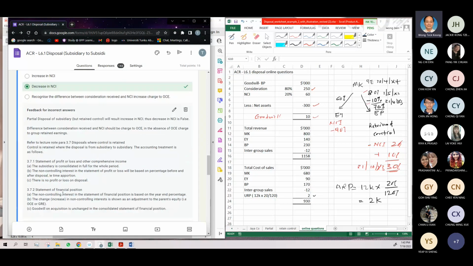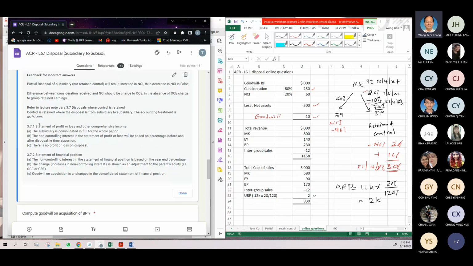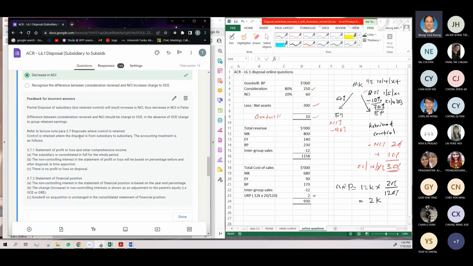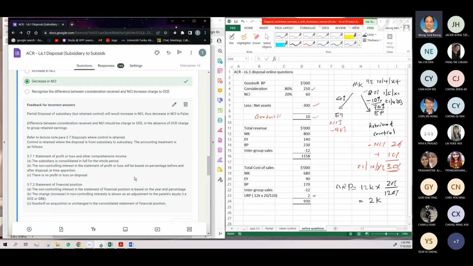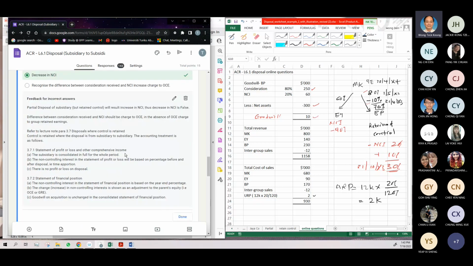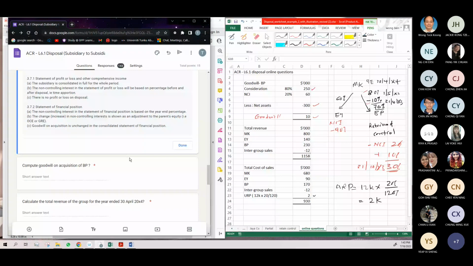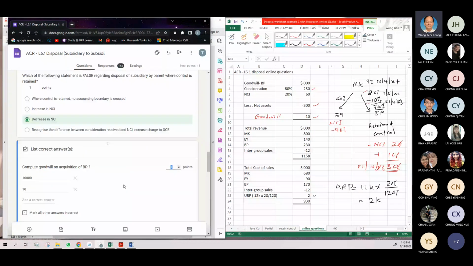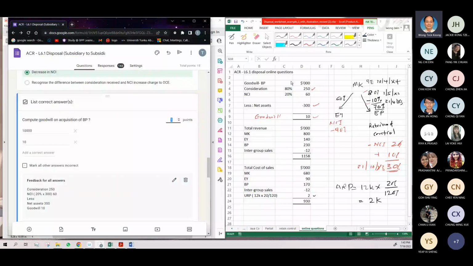You can refer back to the notes given to you, 3.71 and 3.72, when control is retained. Actually NCI is increased, not decreased. Compute goodwill, which we have done: 250 you pay for 80%, and 20% on the 300 net assets, so you get 10.